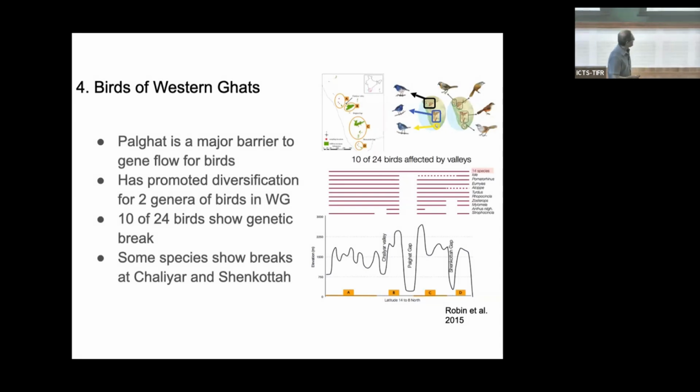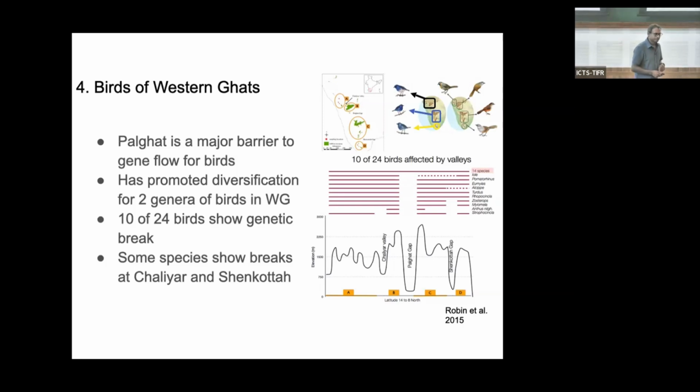Genetic break means, suppose you have a DNA sequence of 1,000 base pairs, and the DNA sequence from this side is just different. That's all it means. If you create a phylogenetic tree, they fall apart into two different clades.